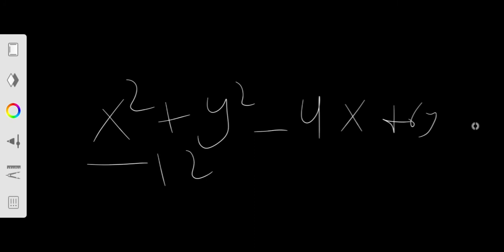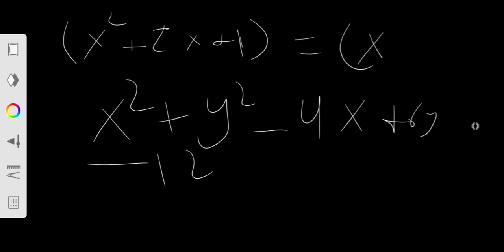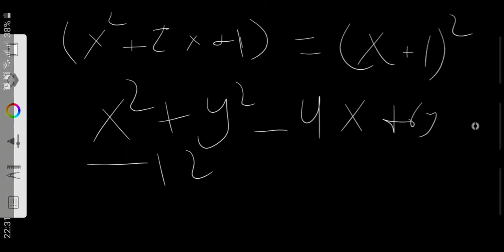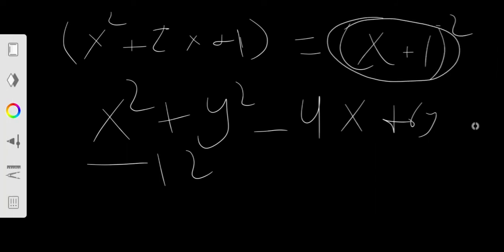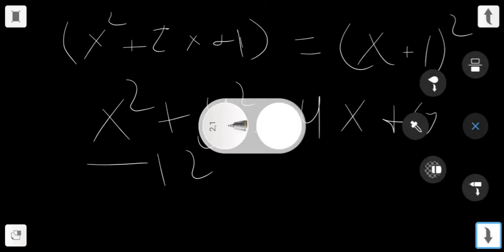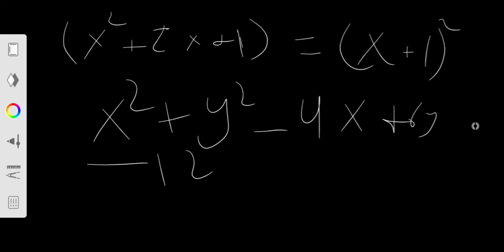So what am I going to try to do? Well, remember the formula: if you have x squared plus 2x plus 1, this is equal to x plus 1 squared, right? If you put this part squared, you will get this one. So this is what I'm going to try to do, to complete these squares, okay?